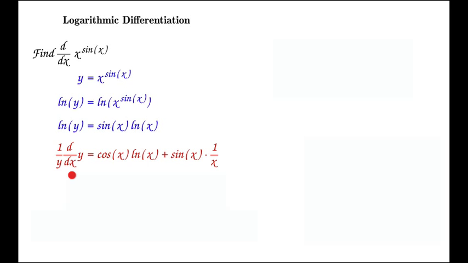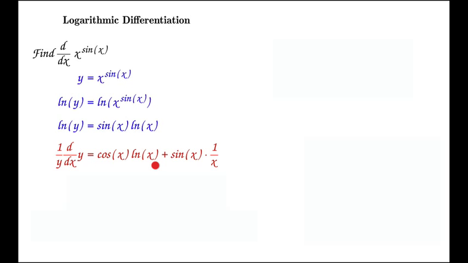So for the left hand side, we have the derivative of ln y, which is 1 over y, but since y is composed of a function of x, we must multiply by the derivative of y with respect to x, which in this case, well, we don't know exactly what that is, so we just leave it in terms of the general form here, and we set that equal to the right hand side, which for the right hand side we apply the product rule.